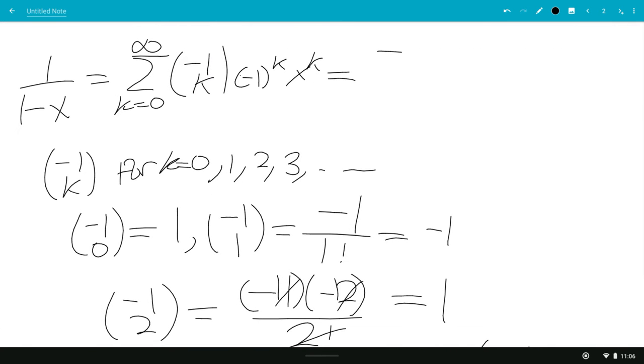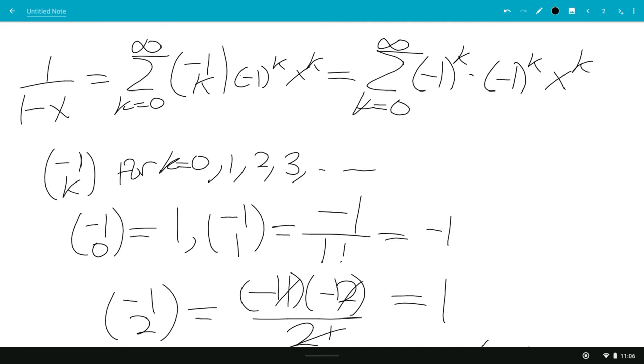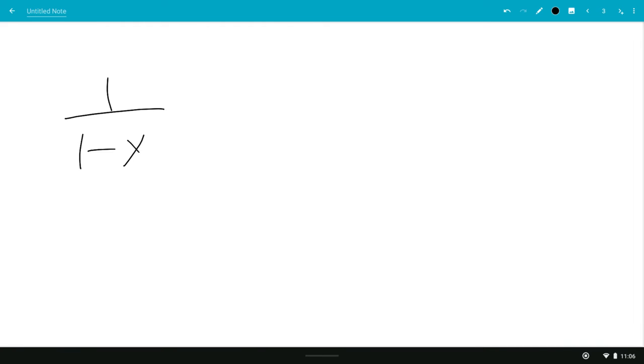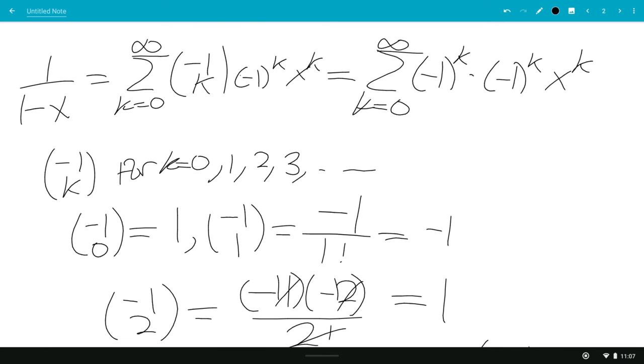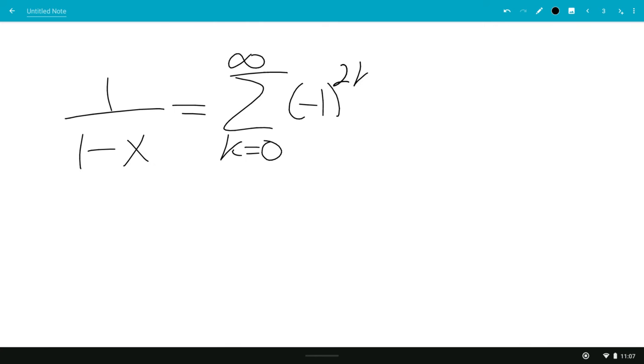So this sum would be the sum k goes from 0 to infinity of negative 1 to the k times negative 1 to the k, x to the k. So 1 over 1 minus x is the sum k goes from 0 to infinity of negative 1. So we can add: negative 1 to the k times negative 1 to the k is negative 1 to the 2k times x to the k.